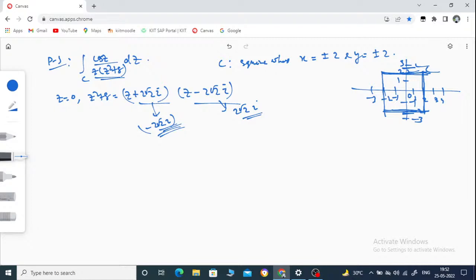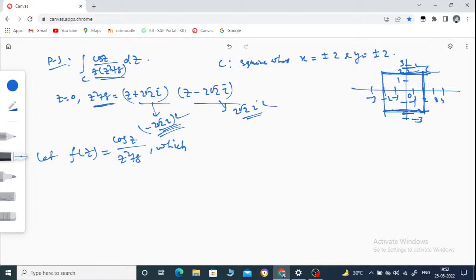So let f of z be equal to cos z divided by z square plus 8, which is analytic. Why did I try these points?